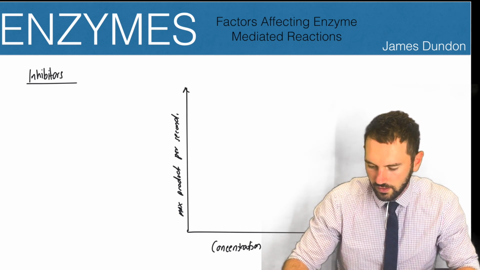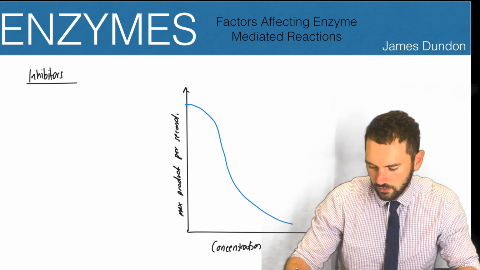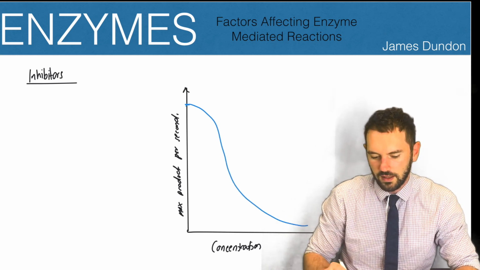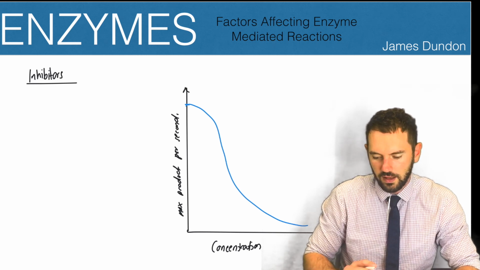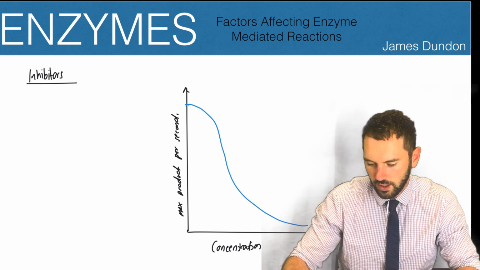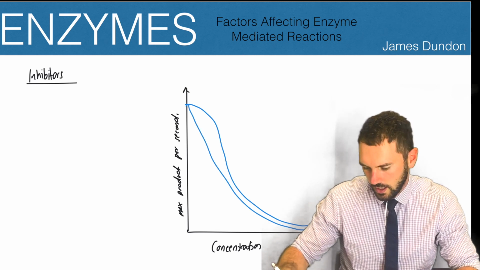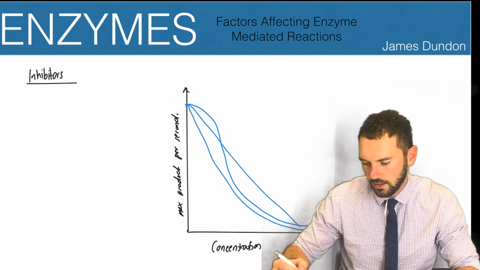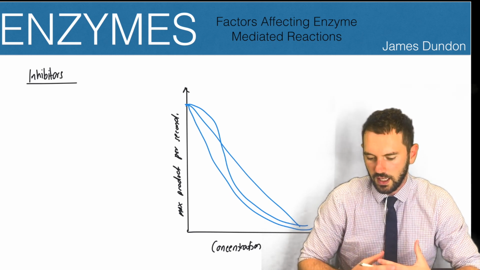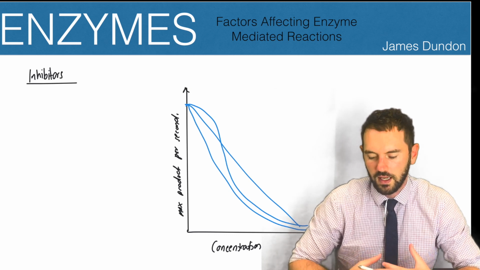We're going to have this high level when the concentration is low, and then we're going to decrease. Depending on the specific kinetics, and it's really more physics, you might get it looking like that, or quite linear, but you're basically going to get this decrease in product per second as we increase the number of inhibitors.